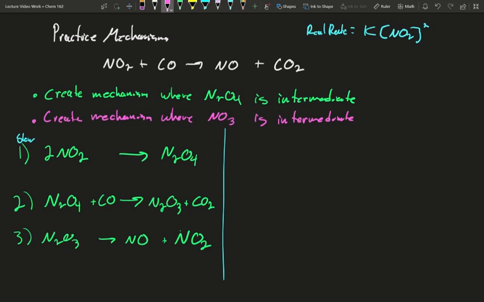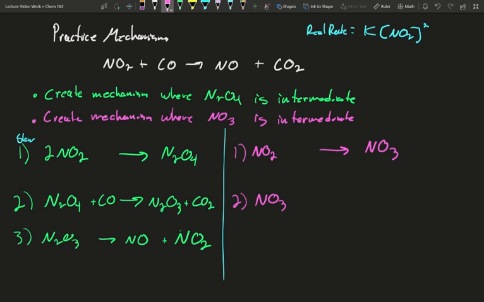What if we tried to do that with NO3? So I want an intermediate of NO3. And I'm going to have at least a second reaction where NO3 is going to go on to do something. Well, how could I get NO3? I'd need nitrogen and we need to acquire some extra oxygens. Well, I have NO2.